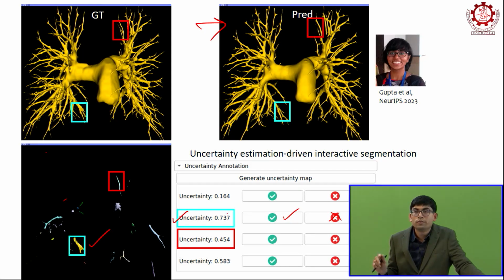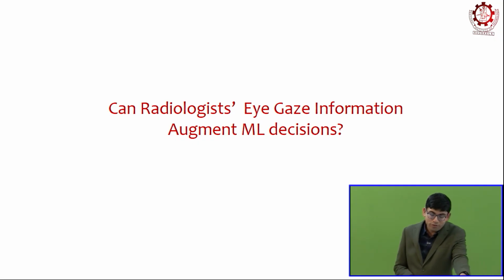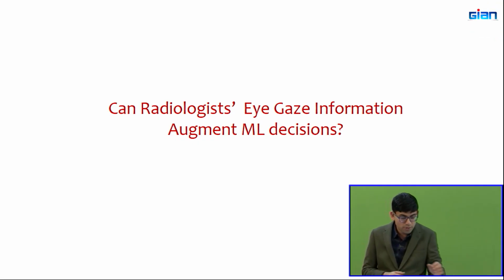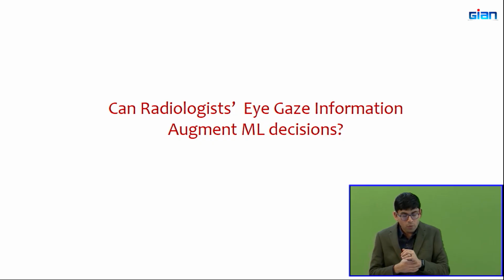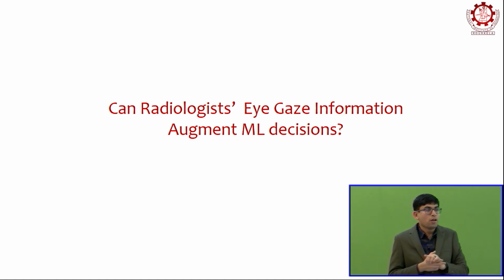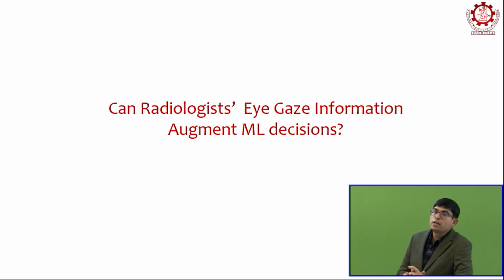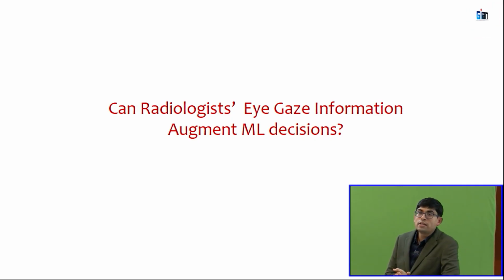Is that clear? Okay. So now coming to a slightly different project that our lab is working on nowadays, we are trying to study the radiologist's eye gaze pattern while they read these images. Now, this is a very different modality that is relatively unexplored in medical imaging, and I'll tell you why.